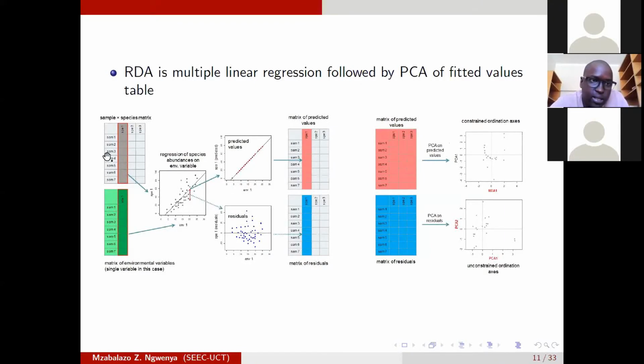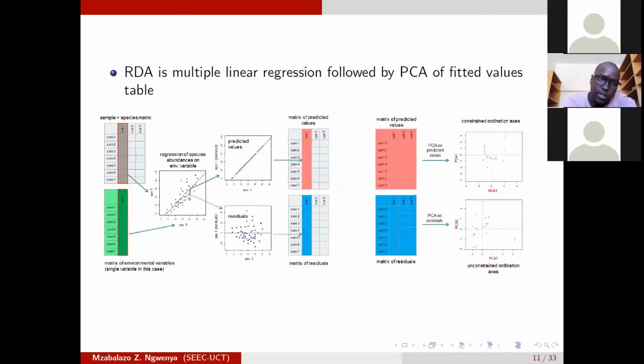And we want to relate this matrix of sites and species to our matrix of environmental variables. So the first thing that is done is that we regress, that's for each of the species, we regress those values against our environmental variable.